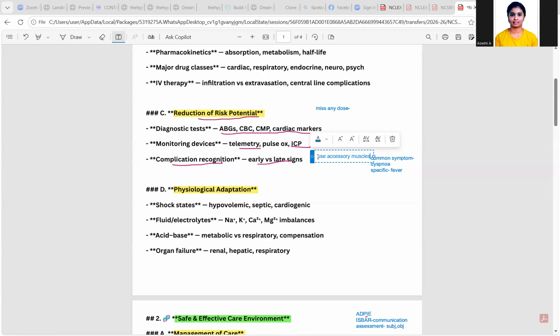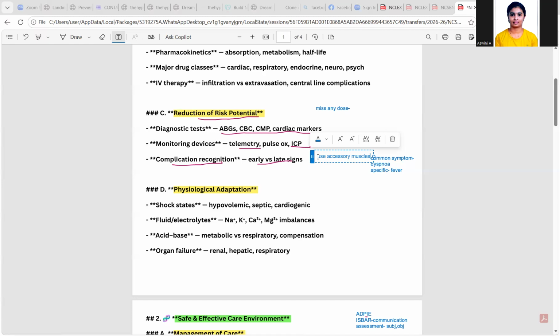That means the client will go into hypoxia, because in COPD there is mainly retention of carbon dioxide. The anterior posterior diameter and the transverse diameter become equal, the barrel chest, so there is a hyperinflated lung, which means severe retention of carbon dioxide. In such cases there may be chances of respiratory failure.